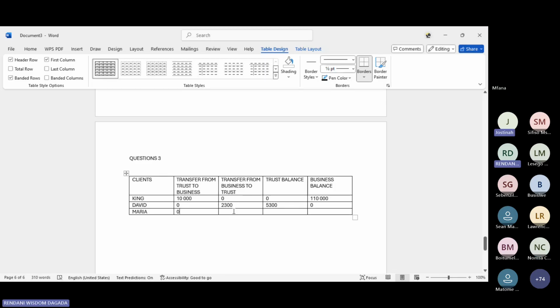And how much do we transfer from business to trust? 2,500. What is our new trust balance? 0. And what is our business balance? 8,500. The 2,500 plus the 6,000 gives us 8,500, which is the money that is owed to the business.